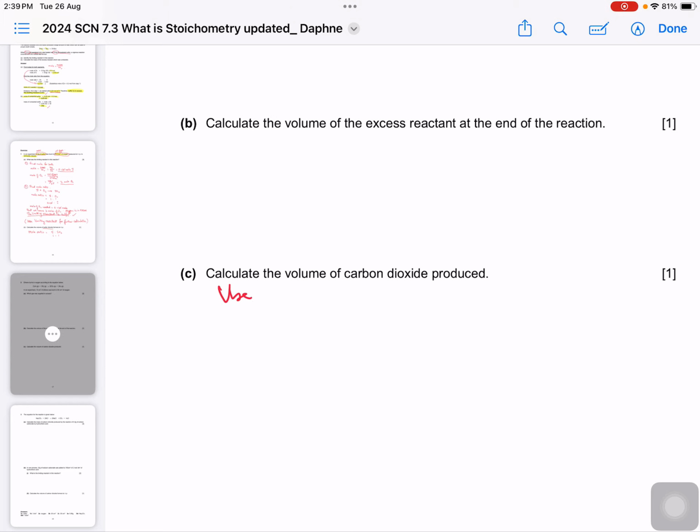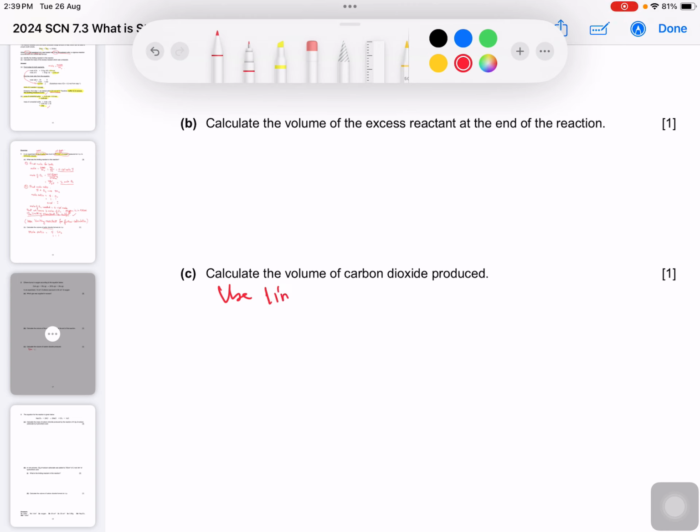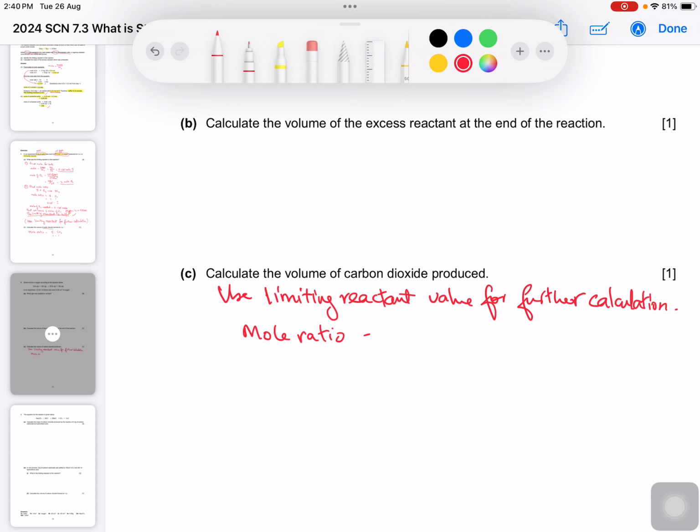So use limiting reactant value for further calculation. So mole ratio will be equals to C2H4 is to 2CO2, which is equals to 10 cm cube is to 20 cm cube.